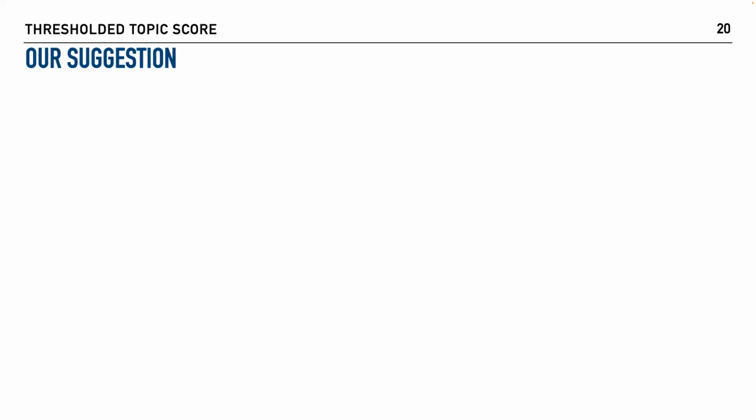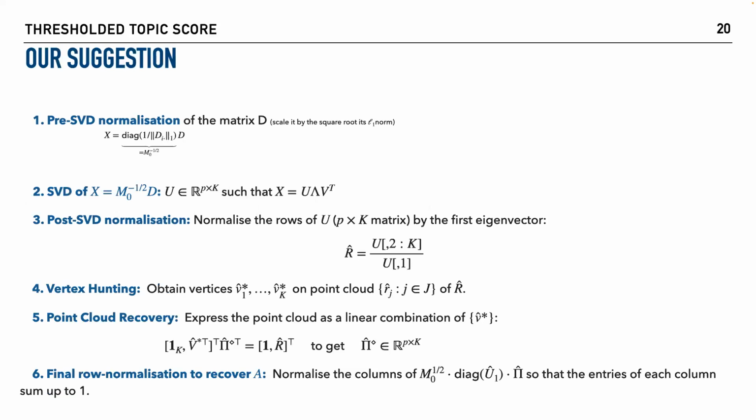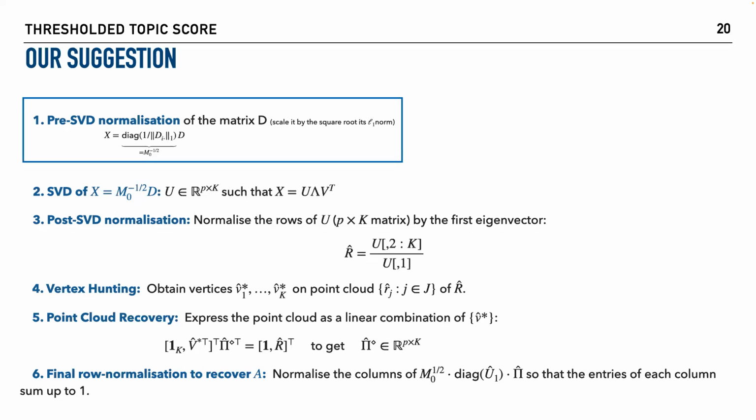Okay, let's get into the method that we propose. We're going to look back at the method by Ke and co-authors and propose a number of modifications. One of the first steps of that procedure was the pre-SVD normalization, where they divided by the frequency of the words to put words on an equal footing, to deal with the heterogeneity of frequencies that they observed.